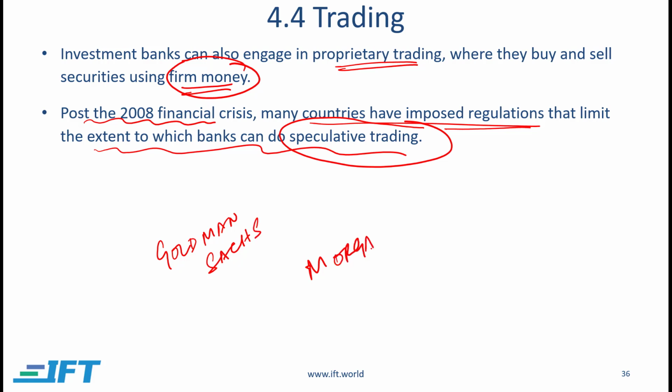And if, for example, Goldman Sachs goes down, God forbid, then Morgan Stanley could go down. And if Morgan Stanley goes down, then JP Morgan could go down. And before we know it, the whole financial system might be coming crashing down because they're all owing money to each other, right? So that's why we don't want to encourage speculative trading in this area.